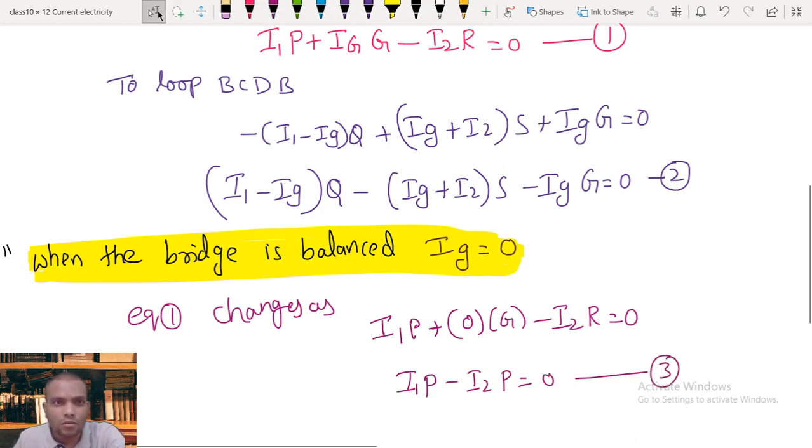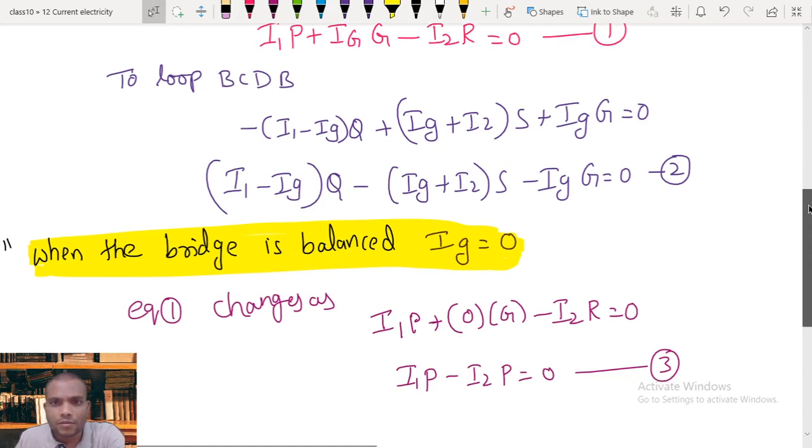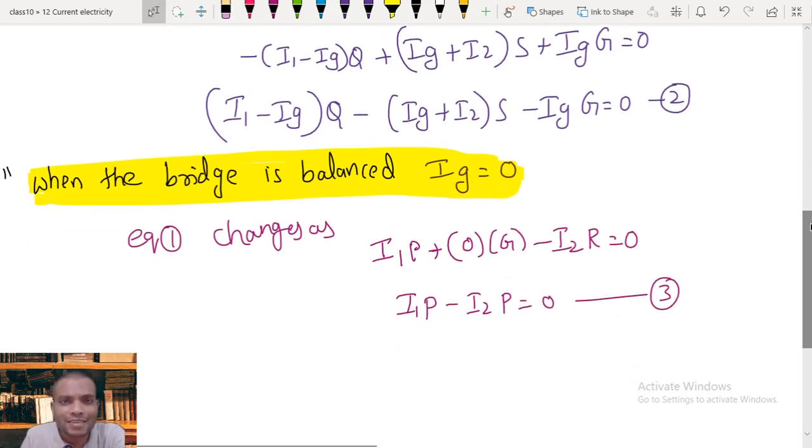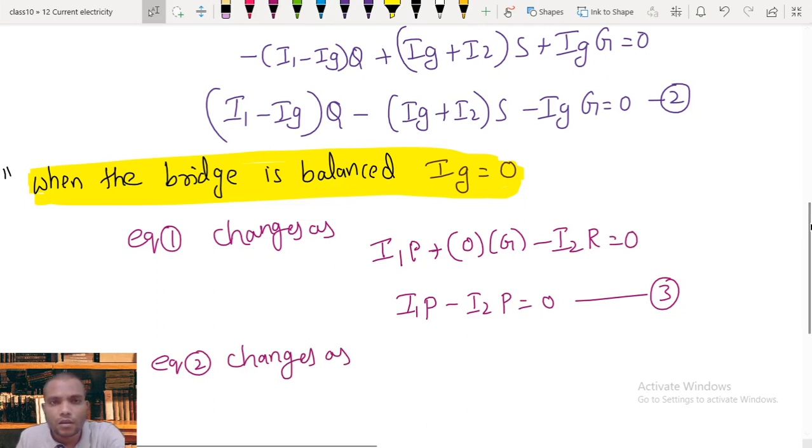And likewise, how does equation 2 change in the balanced condition? So equation 2 changes as follows. In place of Ig I can substitute 0.